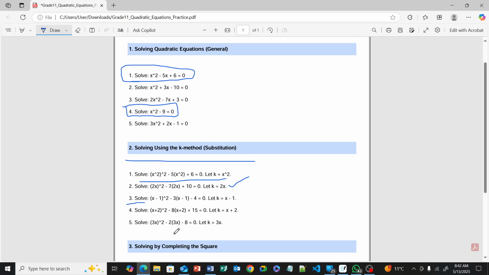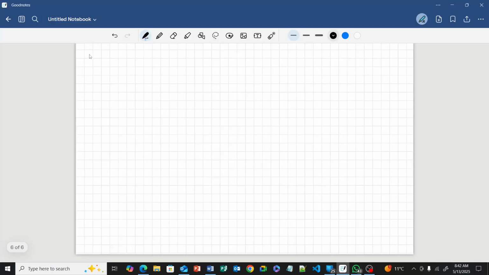On number 3, we have x minus 1 squared minus 3 into x minus 1. I think here we have minus 4 equals 0.